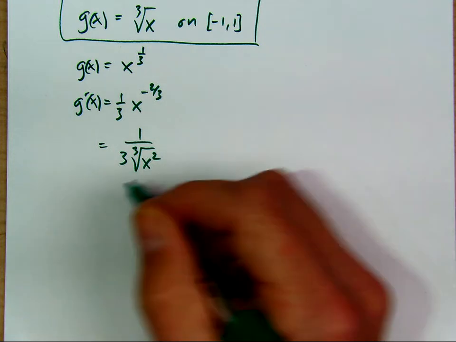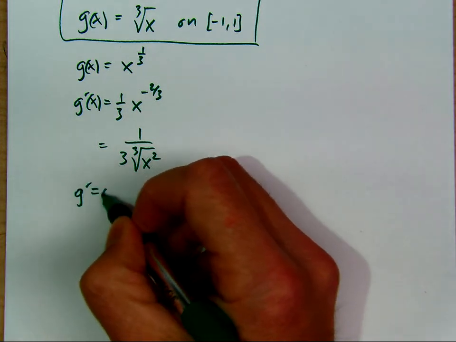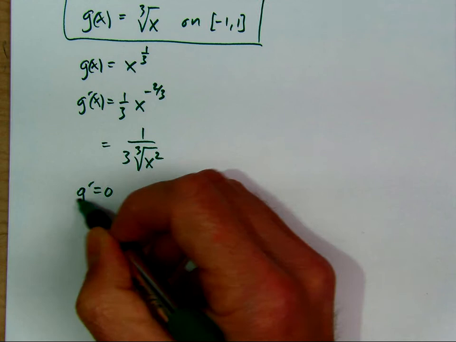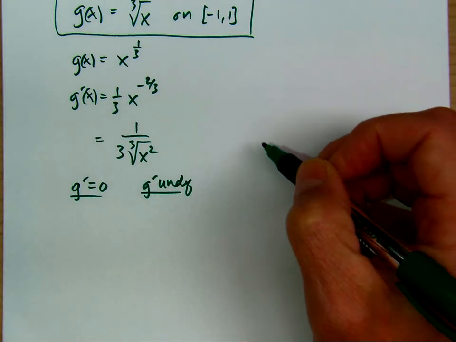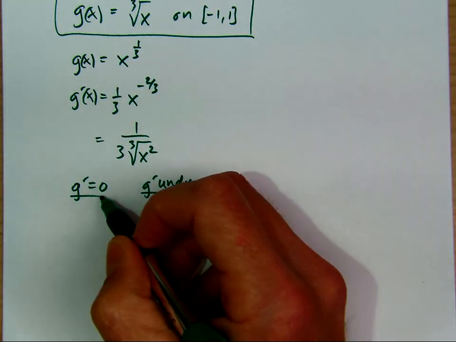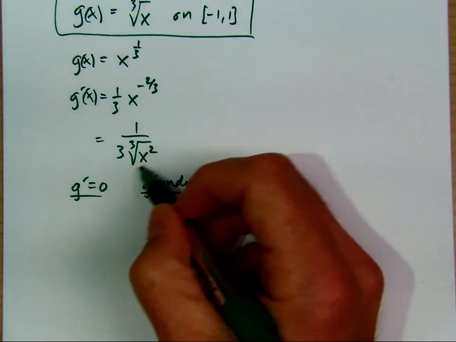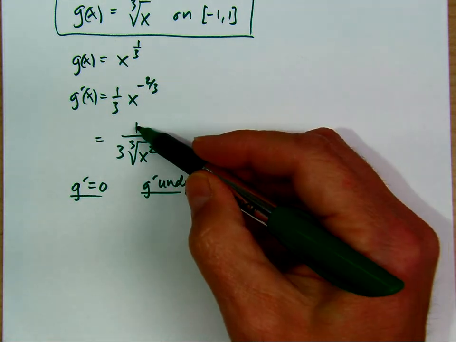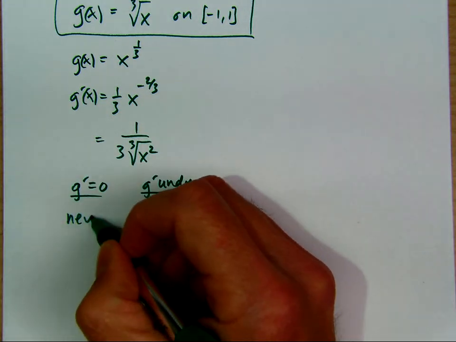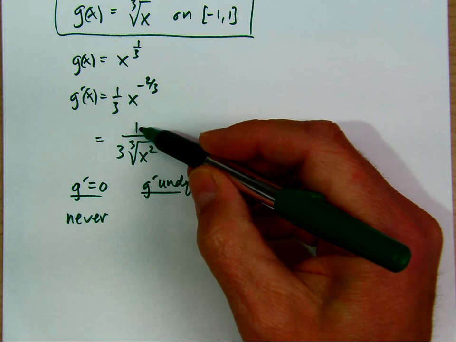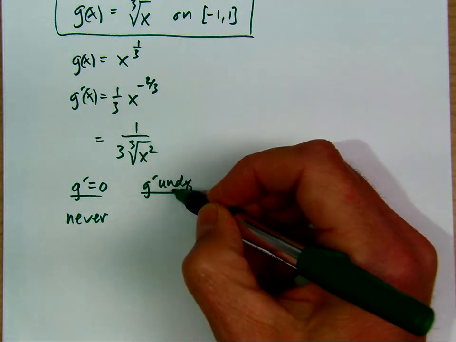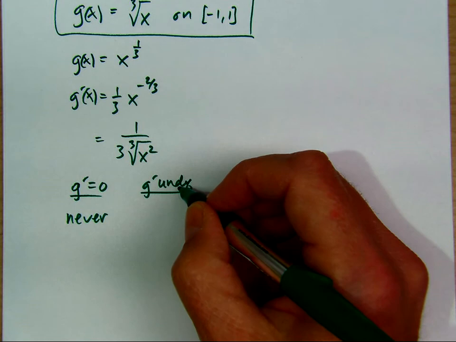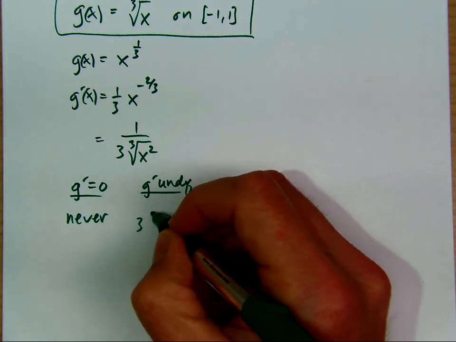We need to know when the derivative is 0 and when the derivative is undefined. A rational function is 0 when the numerator is 0. This never happens because the numerator is never 0, and the rational is undefined when the denominator is 0.